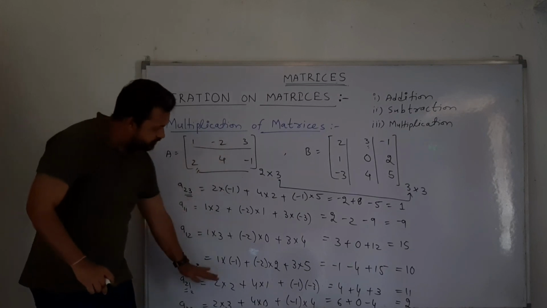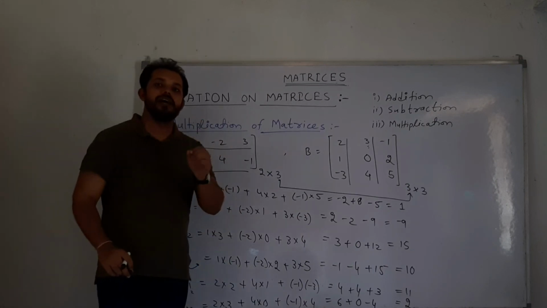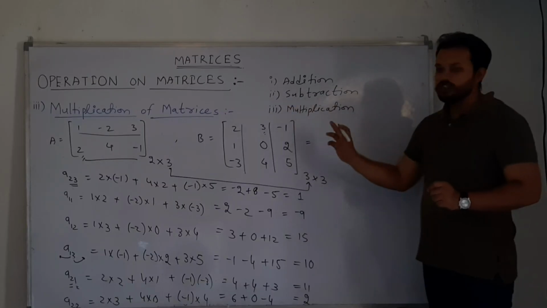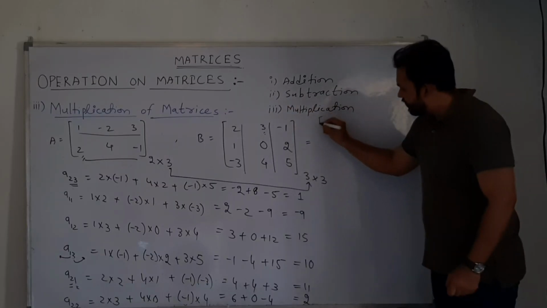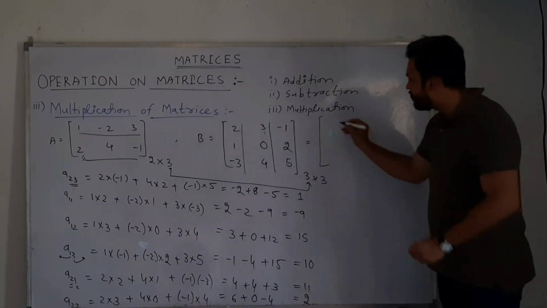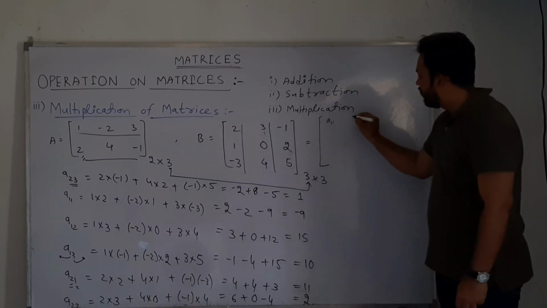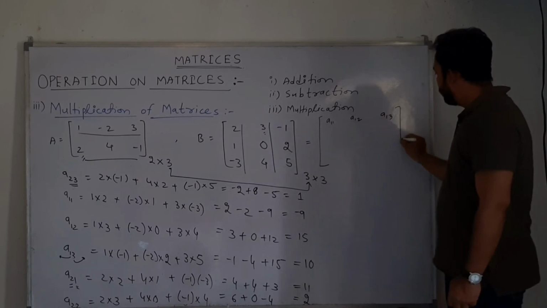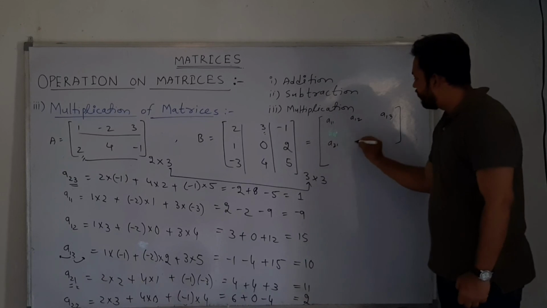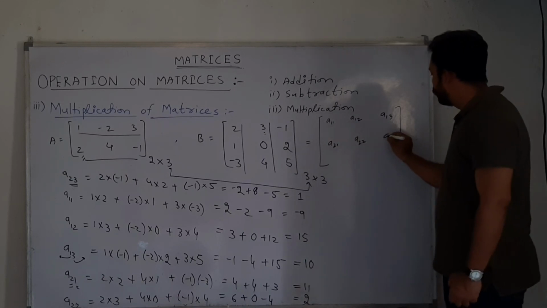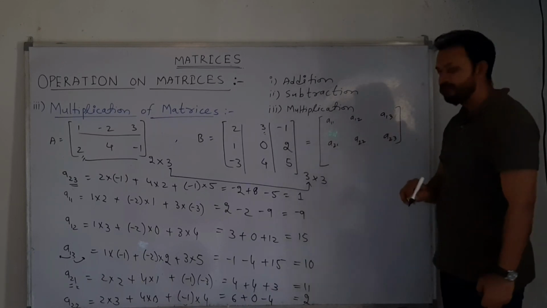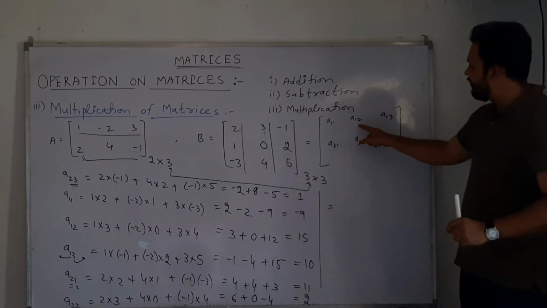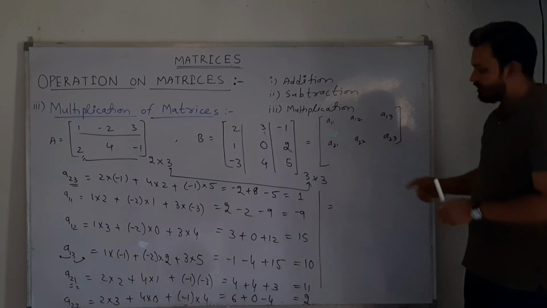Hence, like this, we obtain all the elements of our product matrix. When we multiply these two matrices, we will get a third matrix whose elements are A11, A12, A13, and A21, A22, A23. By this process we obtain all the values of the elements.